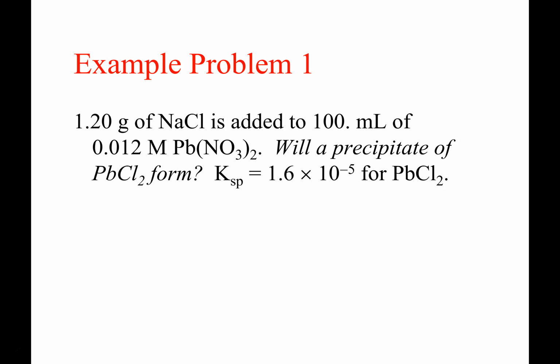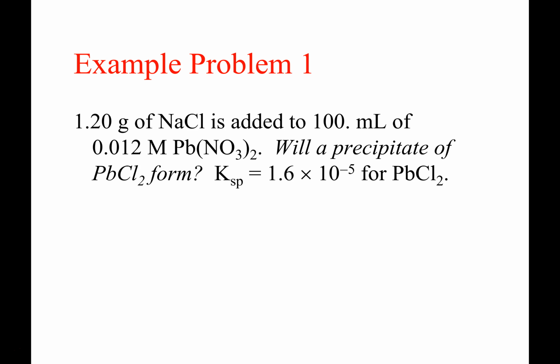I'll put a 1 here, a 1 here, and a 2 here. Help me out. If this is 0.012 molar, what's the molarity of the lead 2? 0.012 molar. What's the molarity of the nitrate? 2 times it, yep. 0.024 molar. It's a real common mistake, but that's kind of what we have going on here.